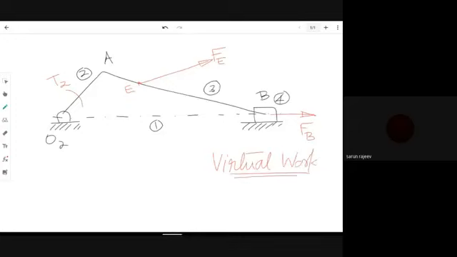Now, last class what we have discussed is a question similar to the same given condition. You are given a standard mechanism on which two sets of forces are acting. So we have drawn the free body diagrams for each of the links, and we have ultimately arrived at the answer, or calculated the torque which is required.